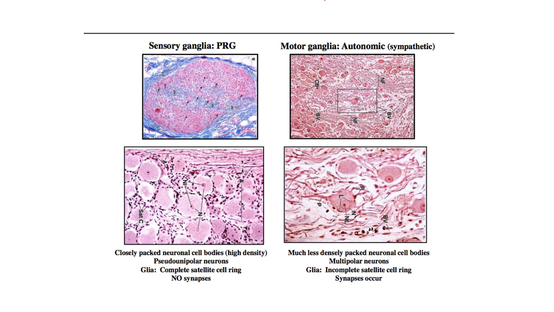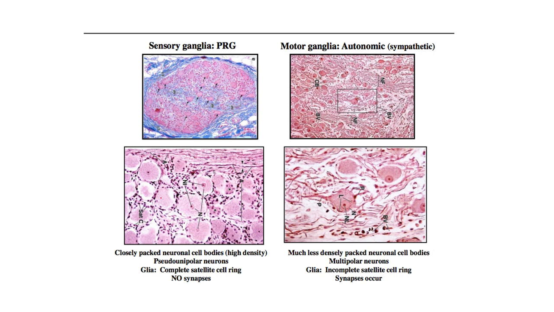Now here you can again appreciate sensory and autonomic ganglia. This is what you can see under the microscope. This kind of picture would be appreciated. Then when we have magnified it, this is the central part.